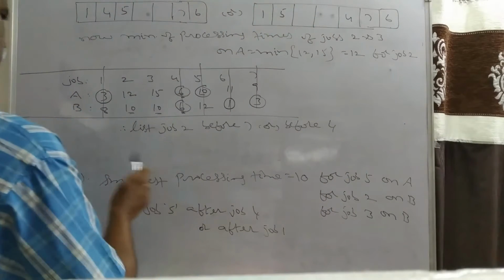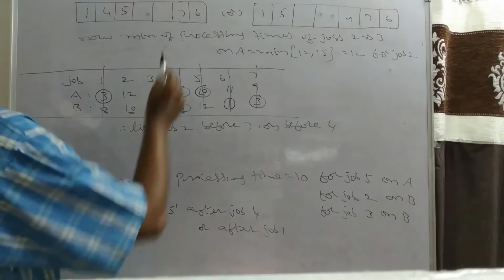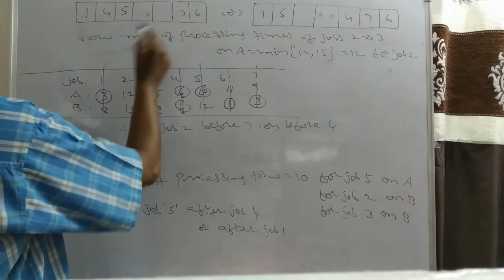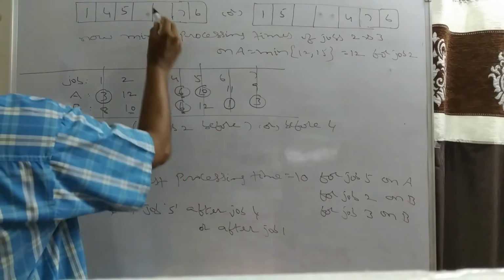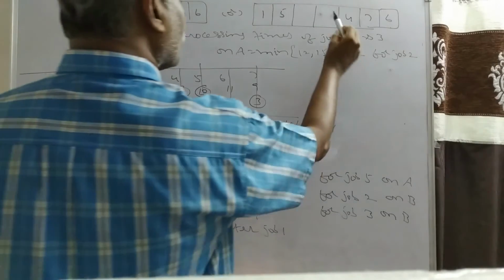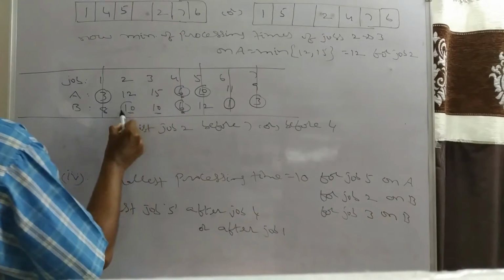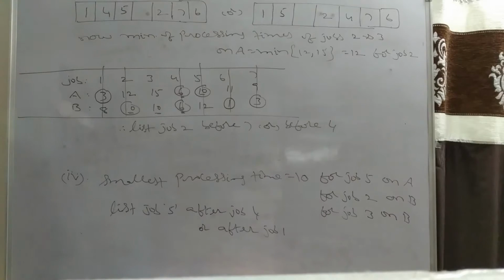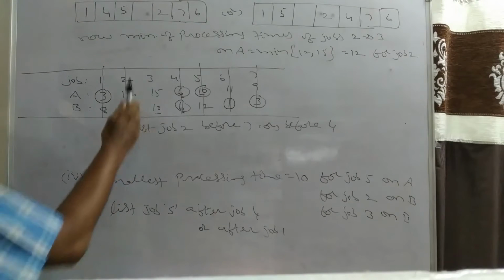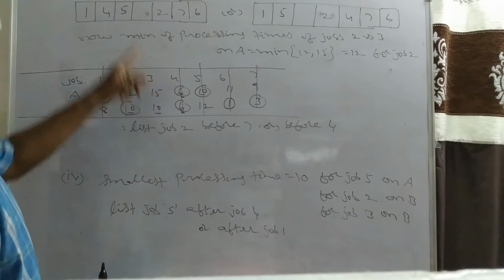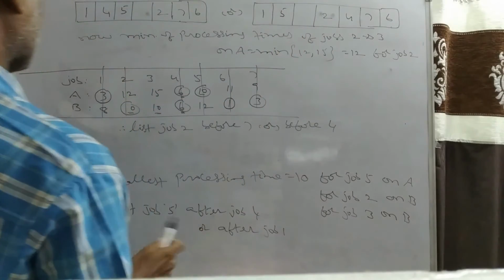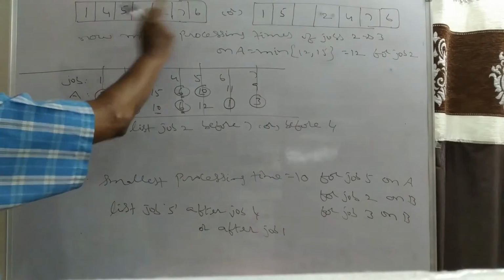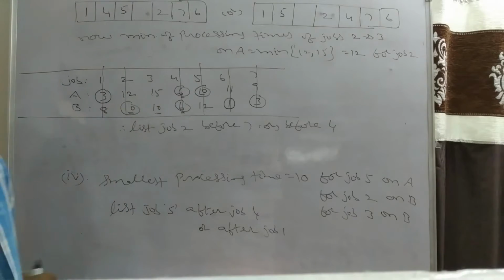Okay, so right here, fill here, before 7. List job 2 before 7. So this is 2, or before 4. This is 2. So cross off 2. Right. So finally we have only one job remaining and one position in the sequences. So fill that position of the sequence with job 3.